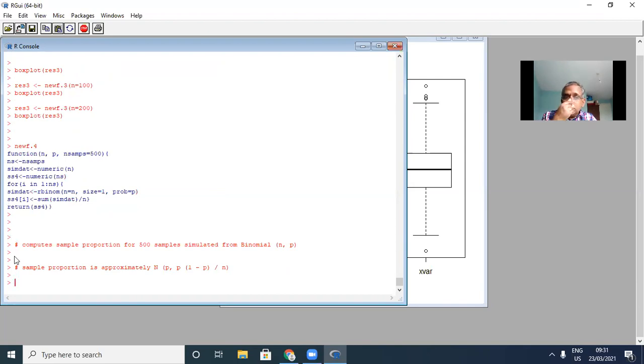Do you remember this result, guys, or no? This is a result that I proved in class when I talked about the binomial distribution, right?